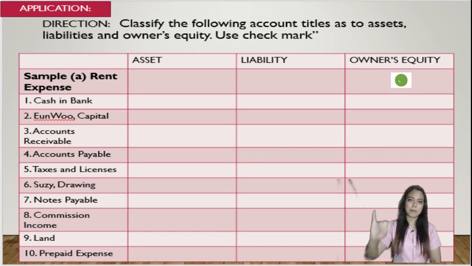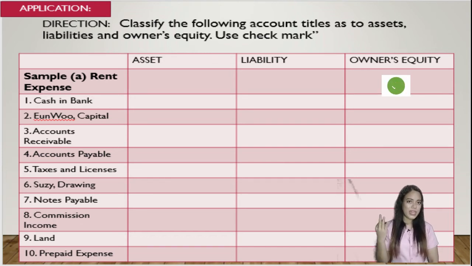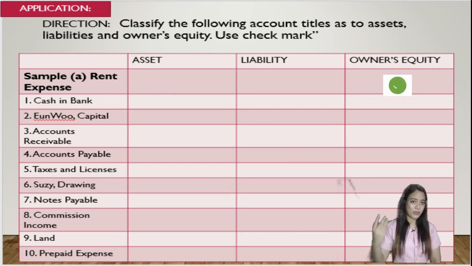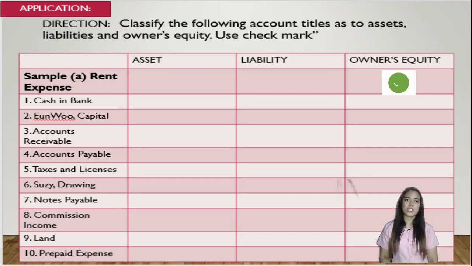We have the capital, second the revenue, third the drawings or withdrawals, and the fourth one is the expenses. So rent expense falls under the owner's equity. I will give you time to answer all of those questions. I will give you 5 minutes for that.